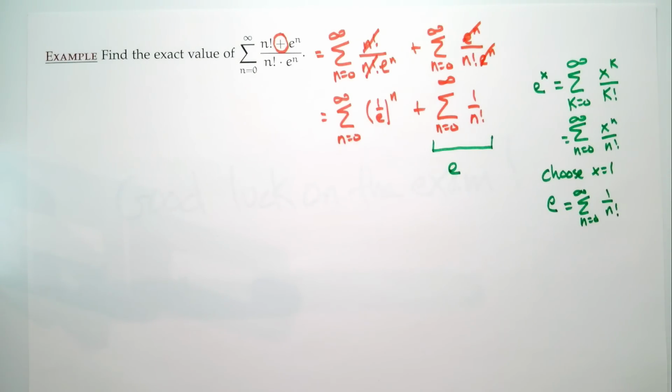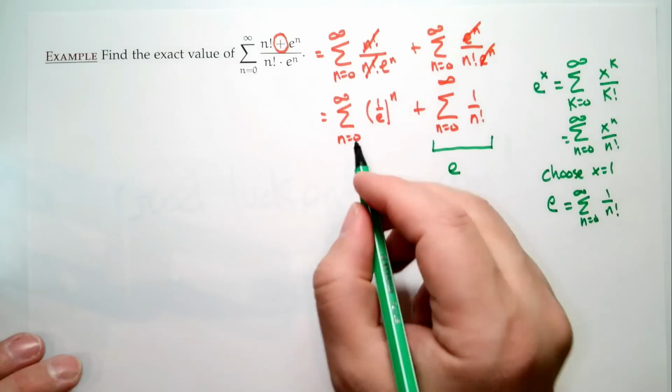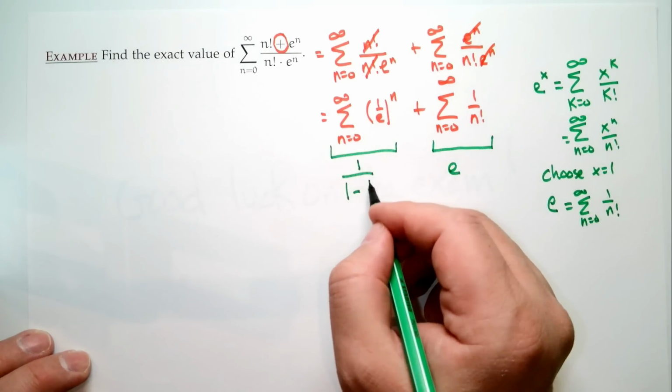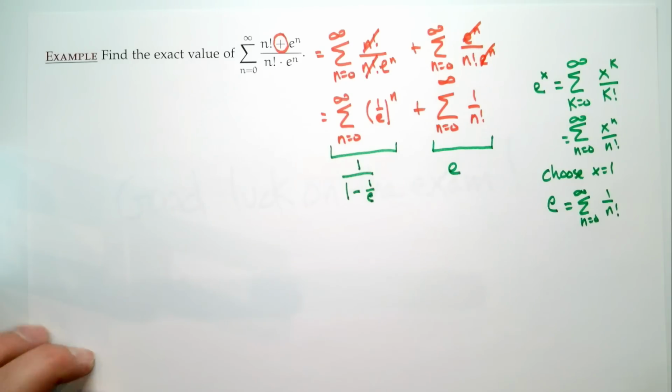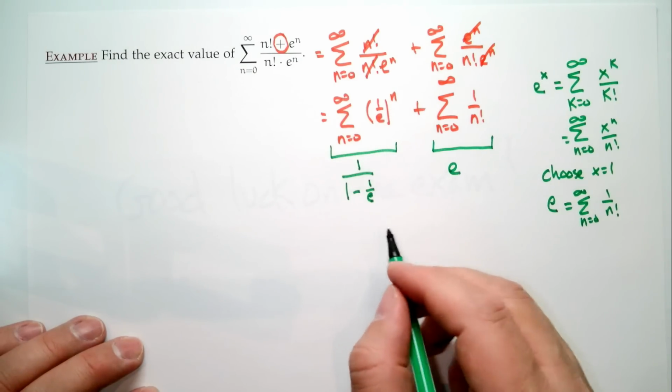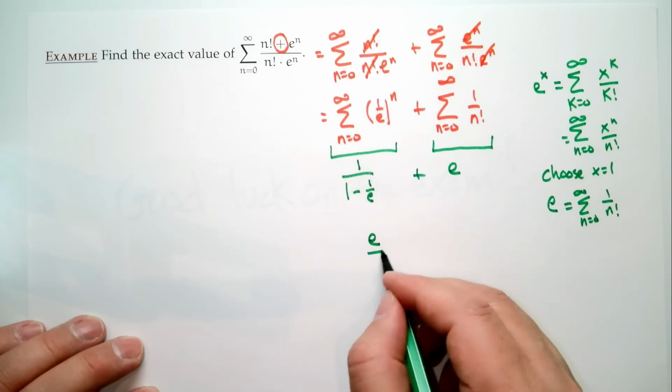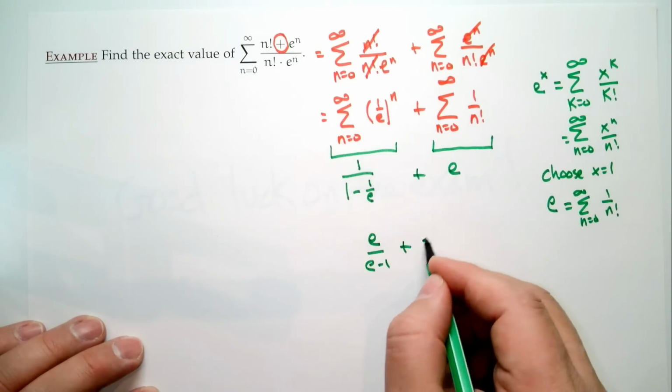That's why you want to be familiar with Taylor series. This first sum, well, that's 1 over 1 minus 1 over e, because that's our rule for geometric sums. It's 1 over 1 minus what you multiplied by. And the reason it's 1 is we start at 0, which is our first term. Now we can simplify this. If you multiply top and bottom by e, you'll get e over e minus 1 plus e.